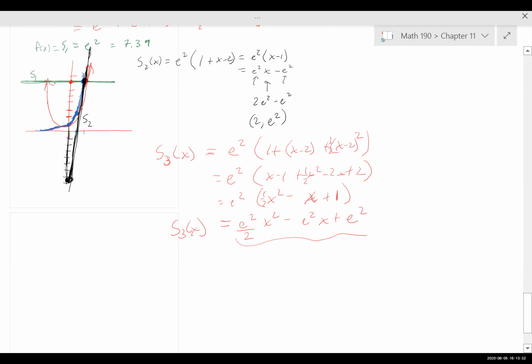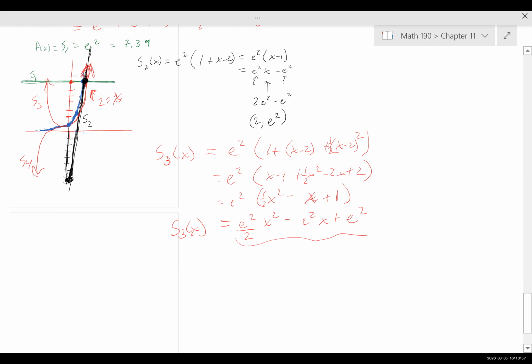If we do a cubic, we should get it to look like this. This would be S3, this should be S4. It's just increasingly closer and closer at 2, when x is equal to 2.